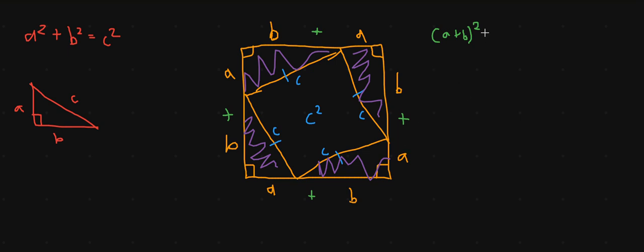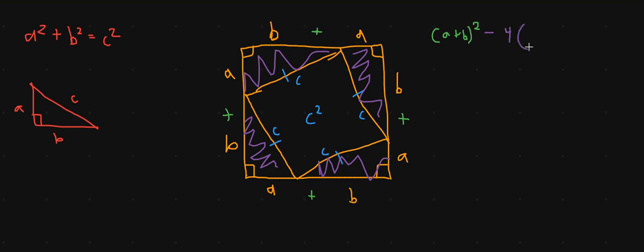So let's subtract the area of the triangles. If you want, you can think about this as well. How would you do that? Remember, the side lengths of each triangle are A and B. You have four triangles, obviously, and they're all the same. We just proved that.